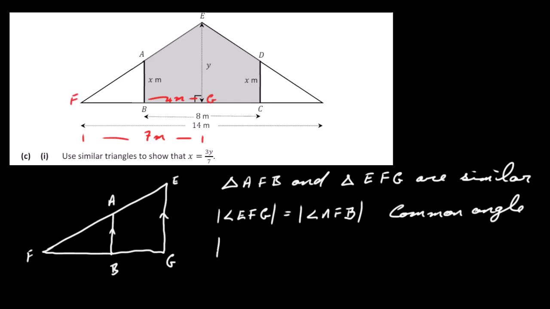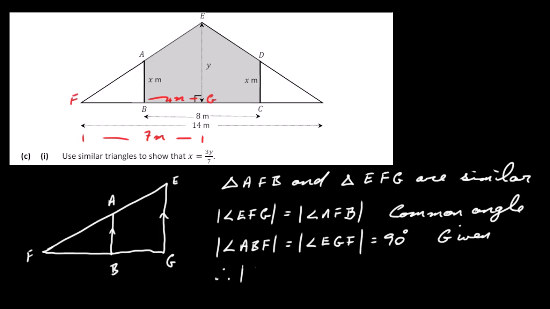We can also say that the angle ABF is equal to the angle EGF. They're going to be 90 degrees, and that's kind of given in the question. We're told that AB is vertical and EG is going to be vertical anyway.